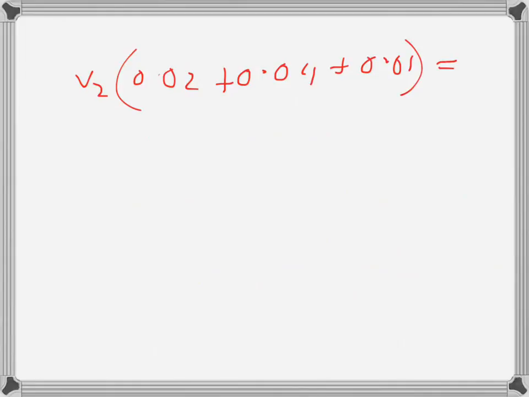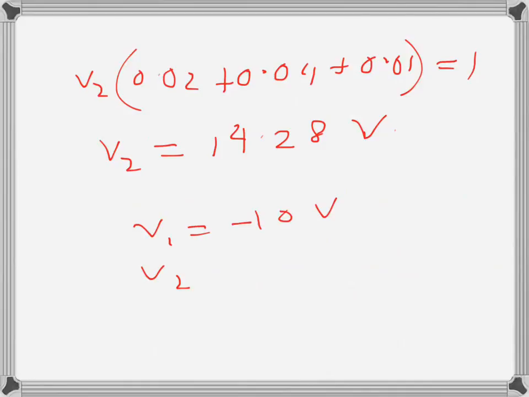So we can write that V2 is equal to 0.02 plus 0.04 plus 0.01, and this is 1, and then V2 becomes 14.28 volts. So we have all the voltages. V1 is negative 10 volts, V2 is 14.28, and V3 directly from observation is 50 volts.